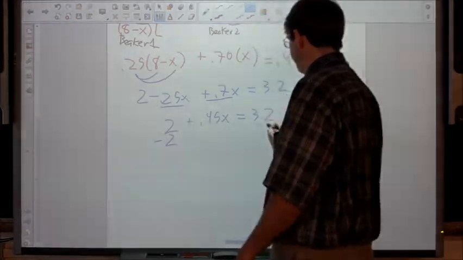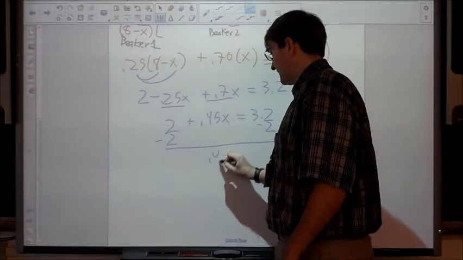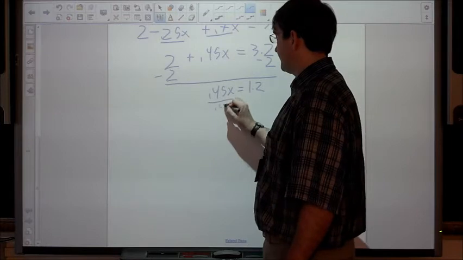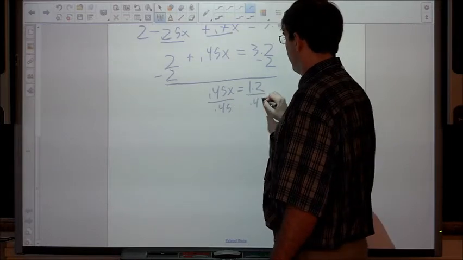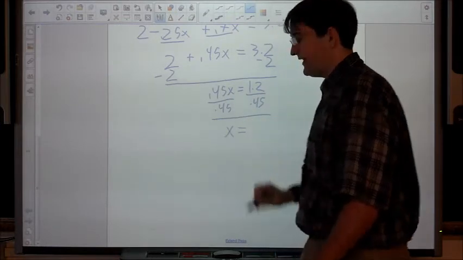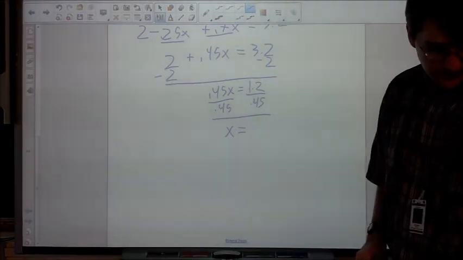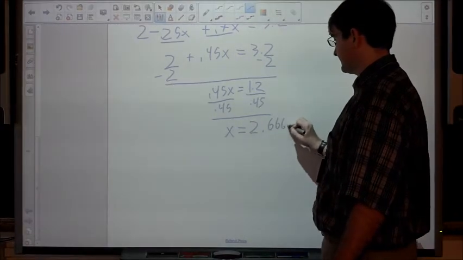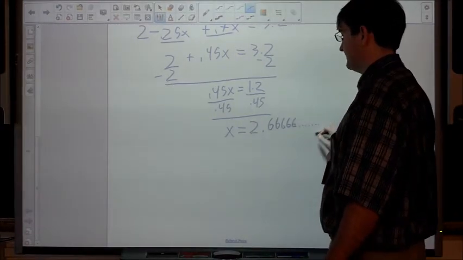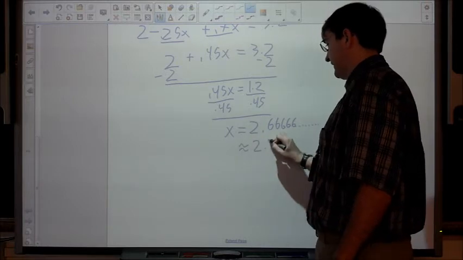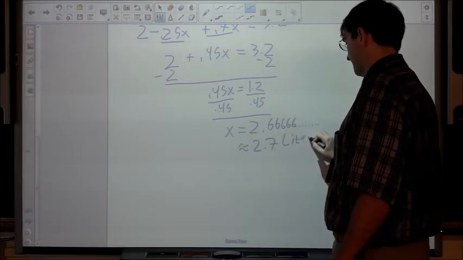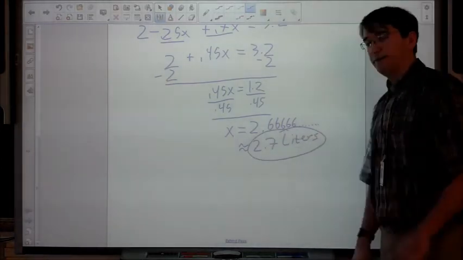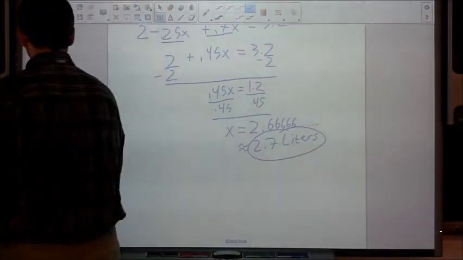Minus 2, 0.45x equals 1.2. Divide both sides by 0.45, and x is equal to 1.2 divided by 0.45, which is 2.666666, so about 2.7 liters. Specifically 2 2/3, but it's okay in this case to round it to 2.7.